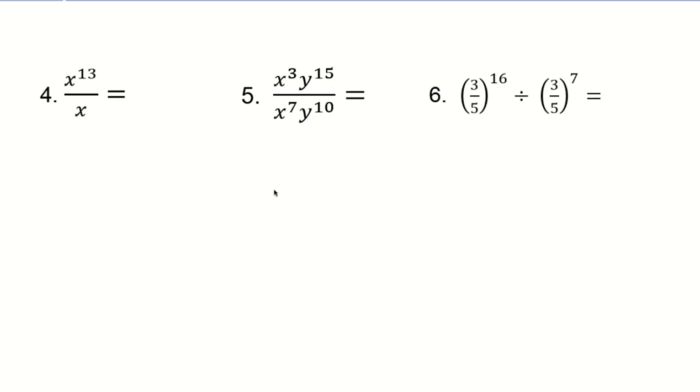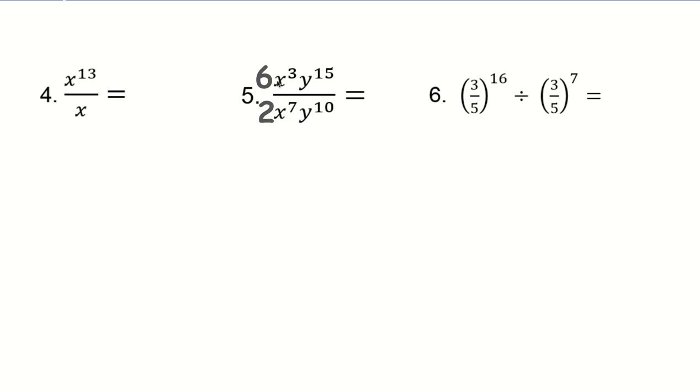Okay, x to the negative 4th times y to the positive 5th power. Okay, and if there happen to be normal numbers that were coefficients involved, then those would just divide normally.